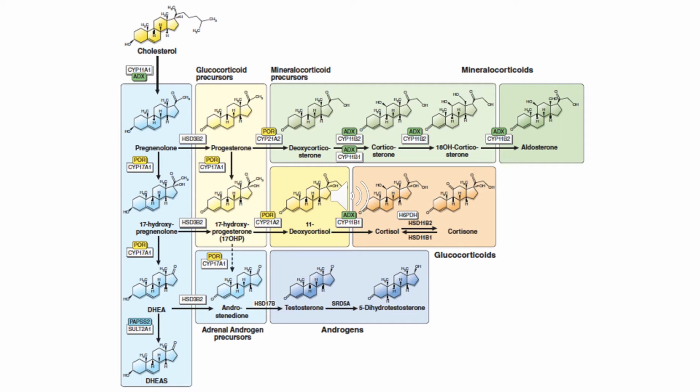Progesterone is hydroxylated to 17-hydroxyprogesterone through the 17-alpha hydroxylase activity of CYP17A1. 17-alpha hydroxylation is an essential prerequisite for glucocorticoid synthesis, and the zona glomerulosa does not express 17-alpha hydroxylase. CYP17A1 also possesses 17,20 lyase activity, which results in production of the C19 adrenal androgens, DHEA and androstenedione.